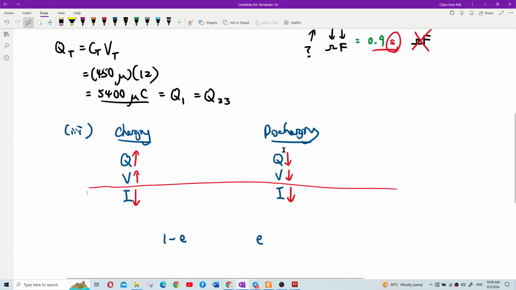For charging, charge and voltage increase. For discharging, charge and voltage decrease. Only the current decreases for both. Go back to your notes. Whatever you have copied, I think you also don't understand anymore.